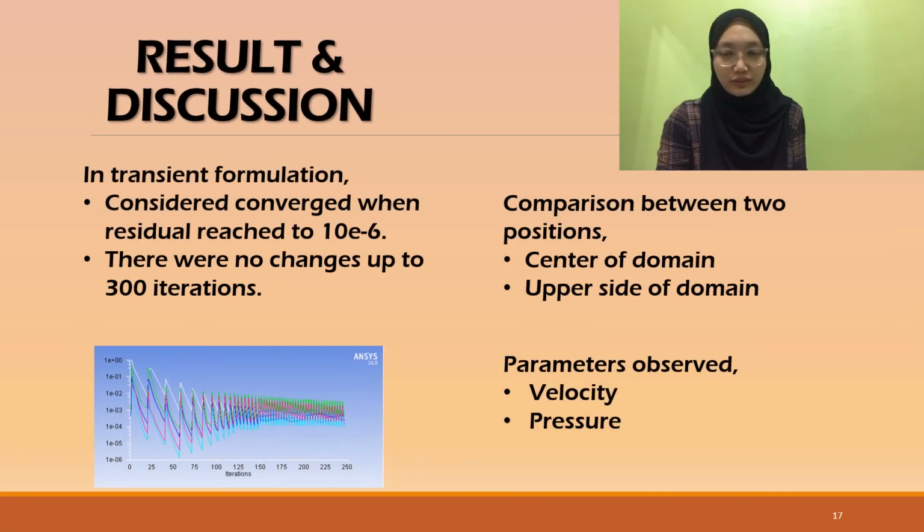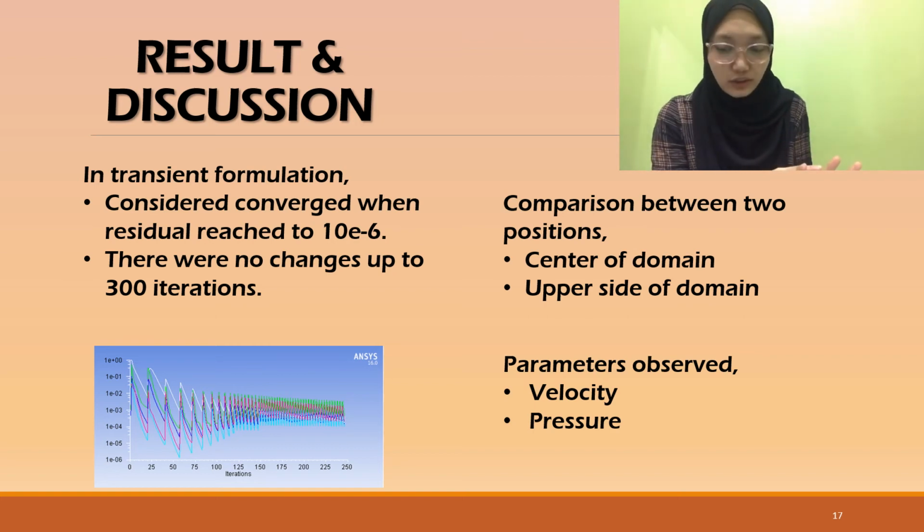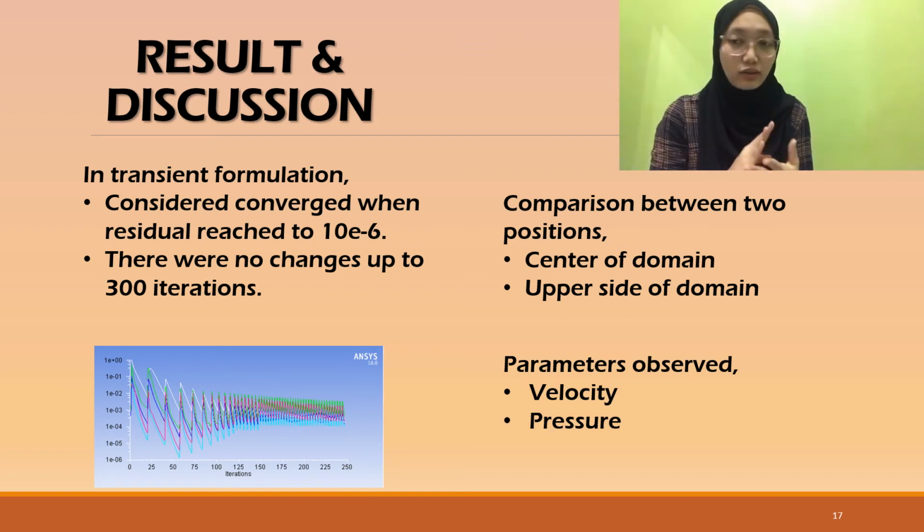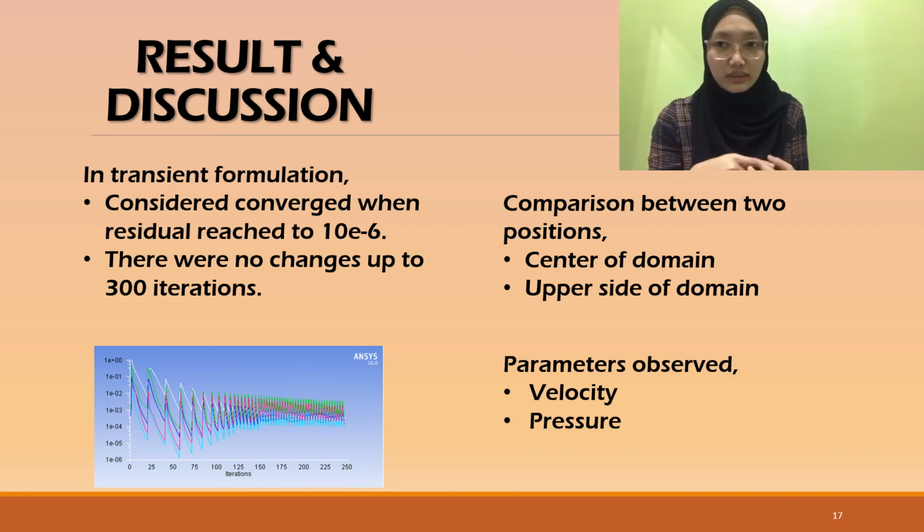Moving on to the results and discussion. Based on the figure shown below, it is the converged solution from the center position turbine simulation. And for your information, in transient formulation, it is considered converged when the residual reaches 10 to the power of -6.